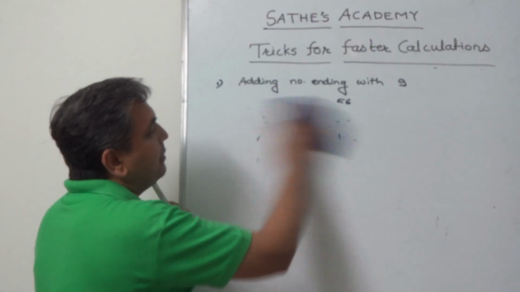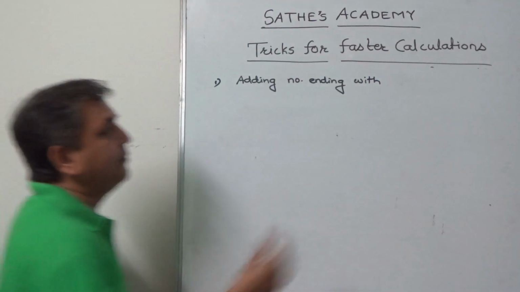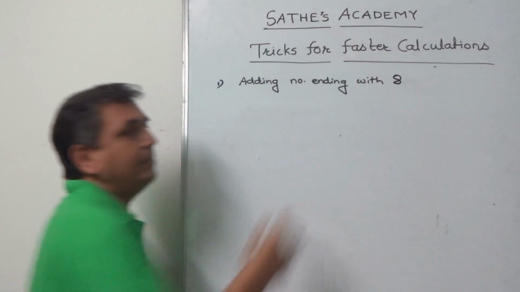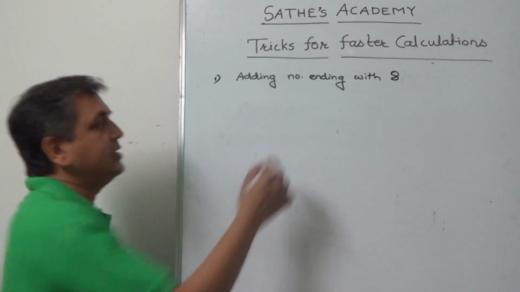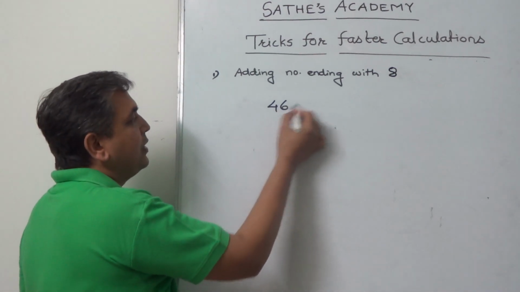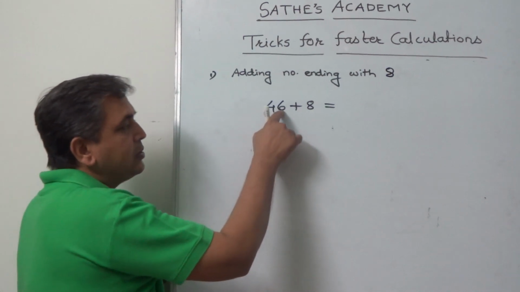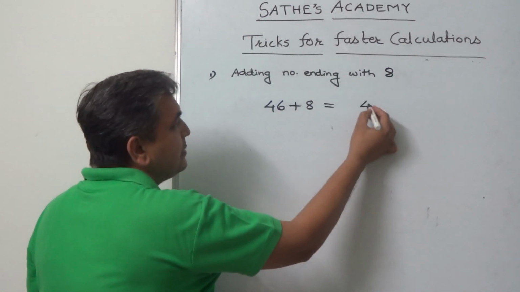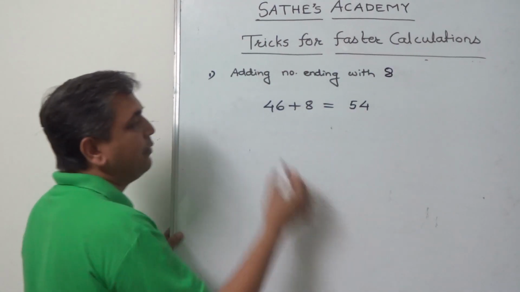Now the same trick can be applied for adding a number ending with 8. Now if we want to add a number ending with 8, we have to reduce 2. For example, 46 plus 8. Now we reduce 2 from this, so units place becomes 4, and we increase 1, so we get 5, 54.